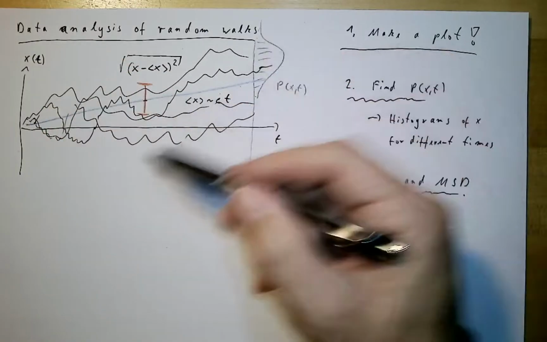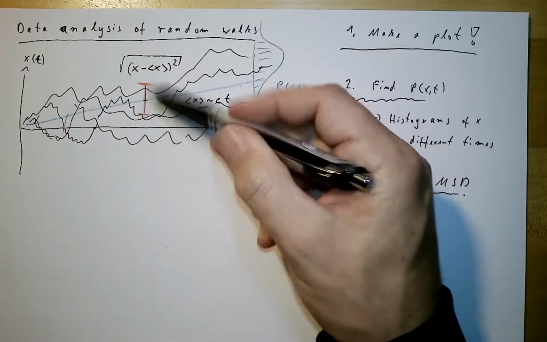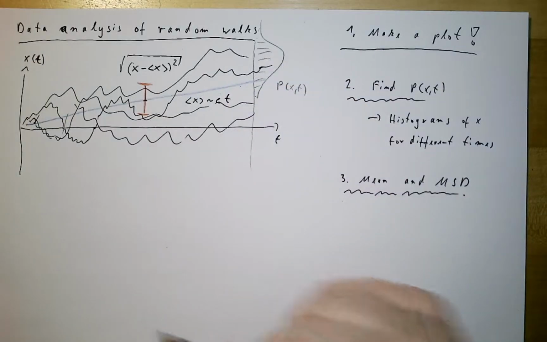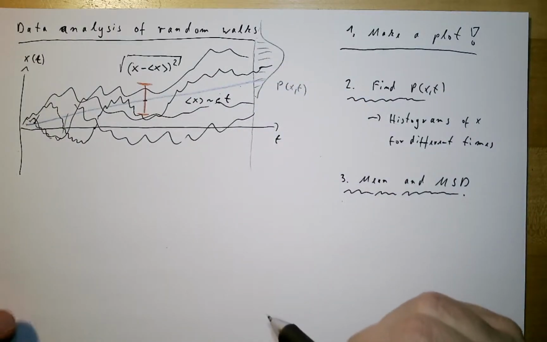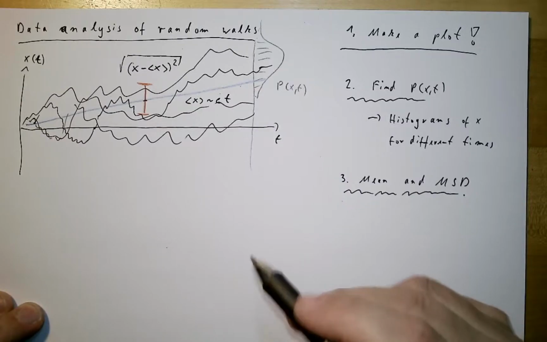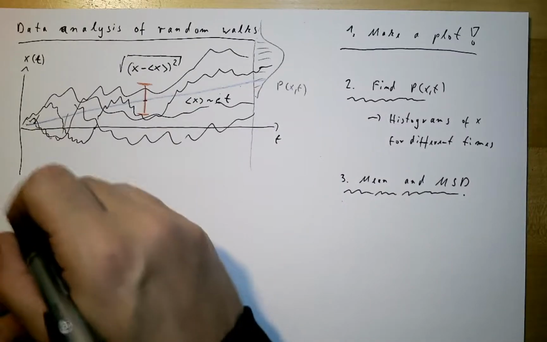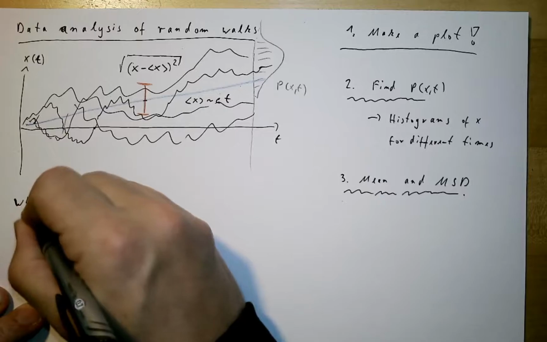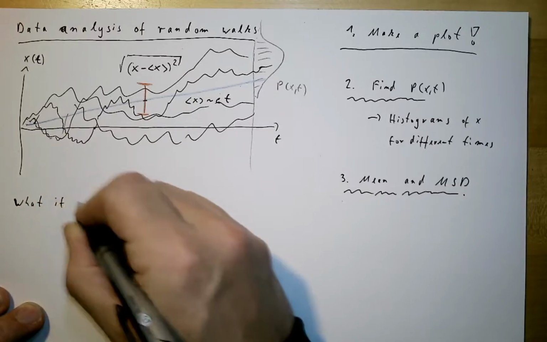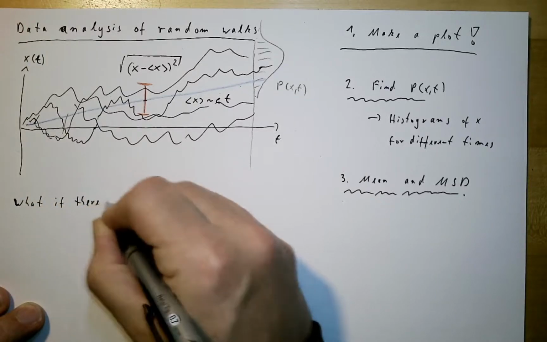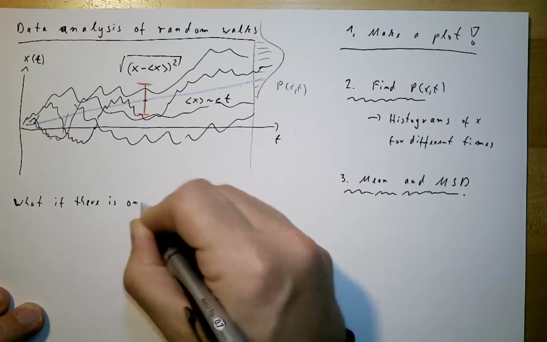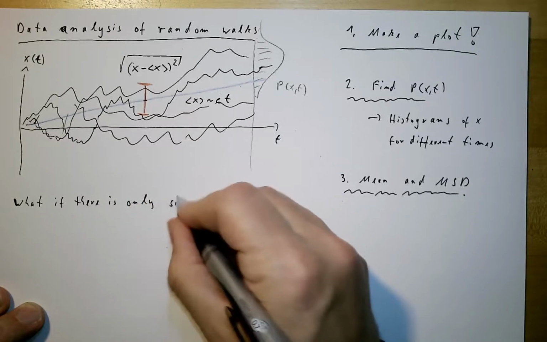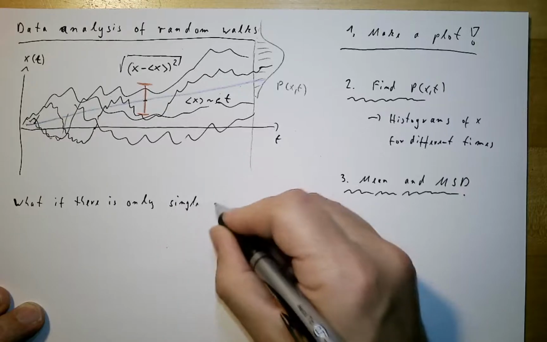And so we have this whole cloud, and then at every point we can average and calculate our normal things. But what do we do if we have only a single realization?